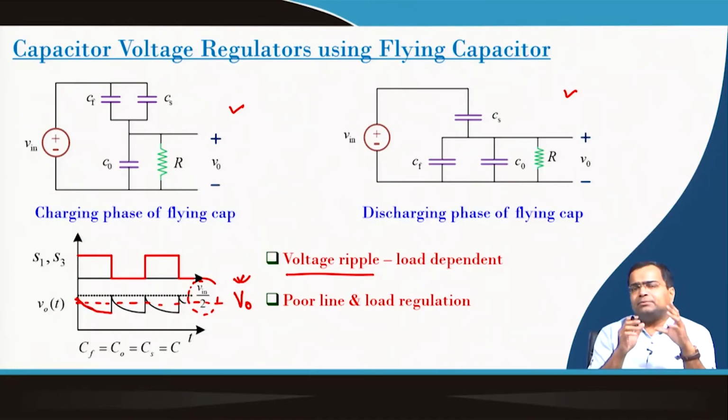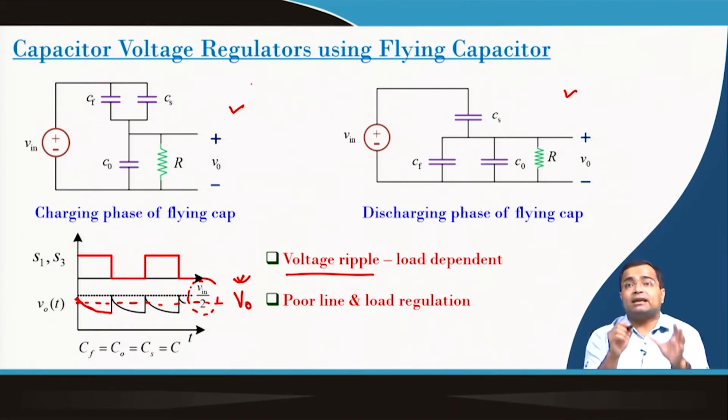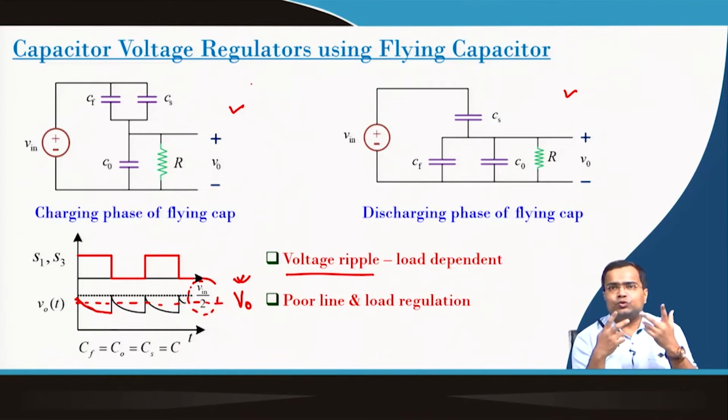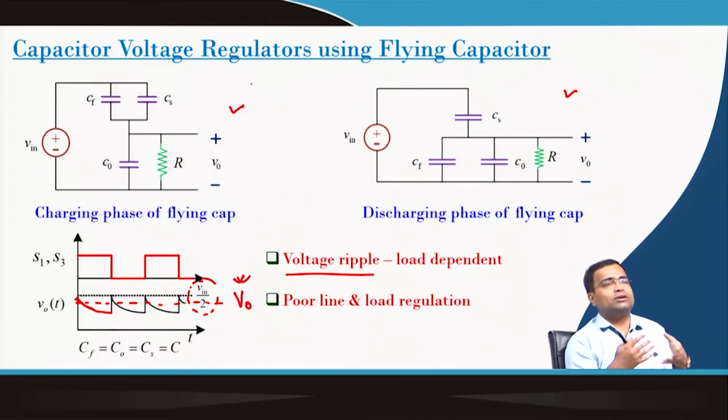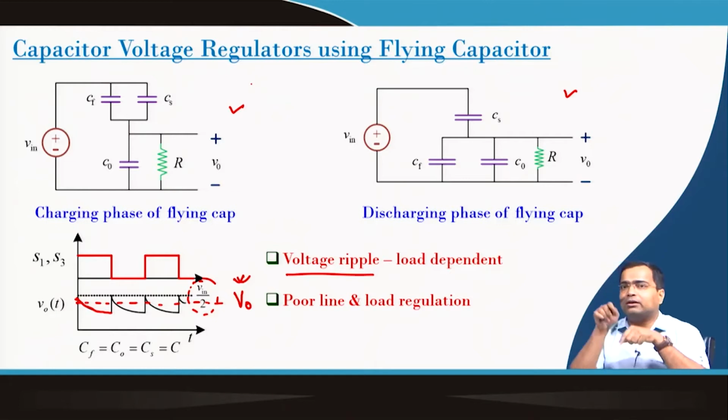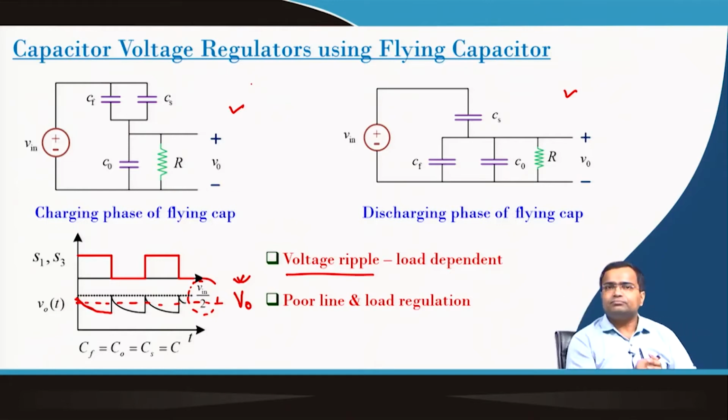If you want to achieve higher step down, then we need to connect multiple flying capacitor cells. If you use 2 such cells, then you can achieve 1/4, 1/8. So, it is 1 by 2 to the power of the number of cells.